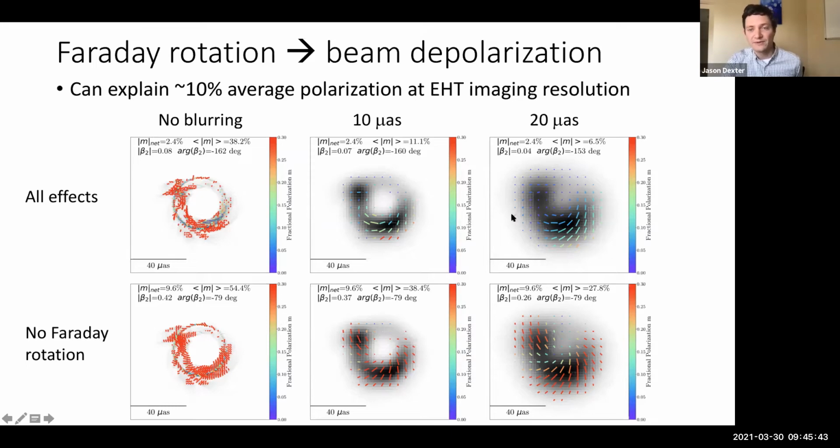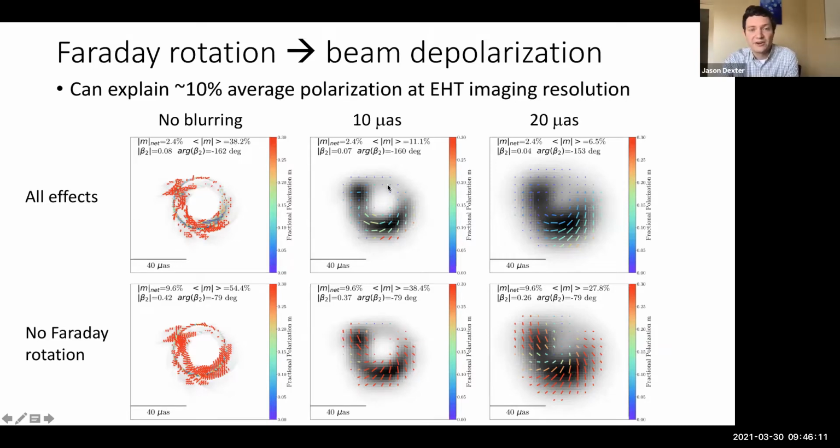And the top row is when we do the full polarized radiative transfer calculation with all the coefficients like we showed at the beginning of the talk. And the bottom row is when we ignore the Faraday rotation effect. So we just set rho_V equals 0 and do the same calculation. And what you can see is if you look in the left column, the tick marks are much more ordered. They're much more coherent in this bottom left panel than in the top left panel.